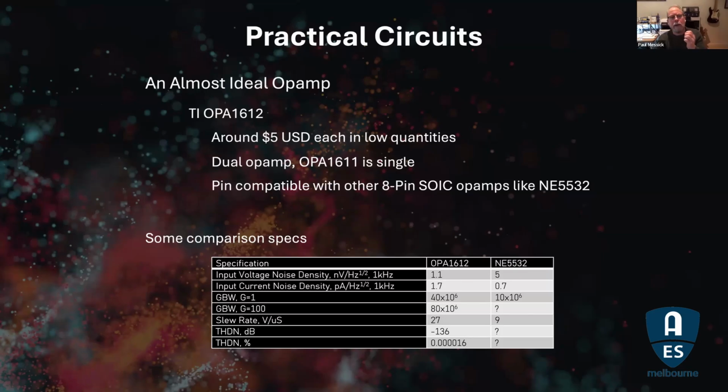Interestingly, part of why these are so expensive is that to get the noise this low and the other specs this good, the transistors in the op amp are really huge. They're physically large, which means the die is very large, which means the number of them they can get on a wafer is small and the price goes up. I think that's the biggest driver here. They're pin compatible with most of the other 8-pin surface mount kinds of op amps.